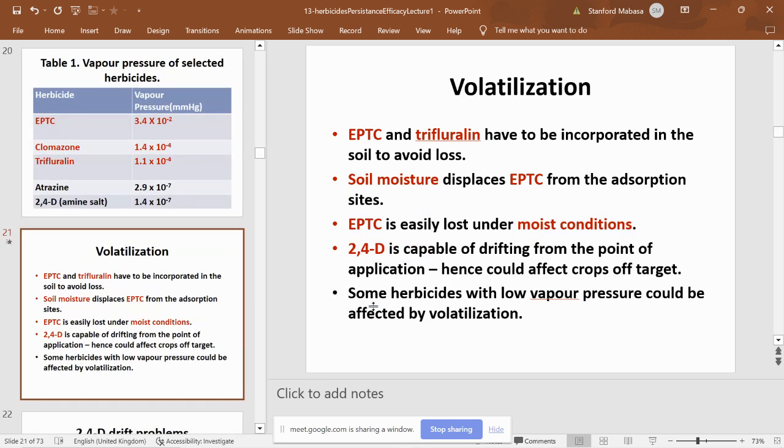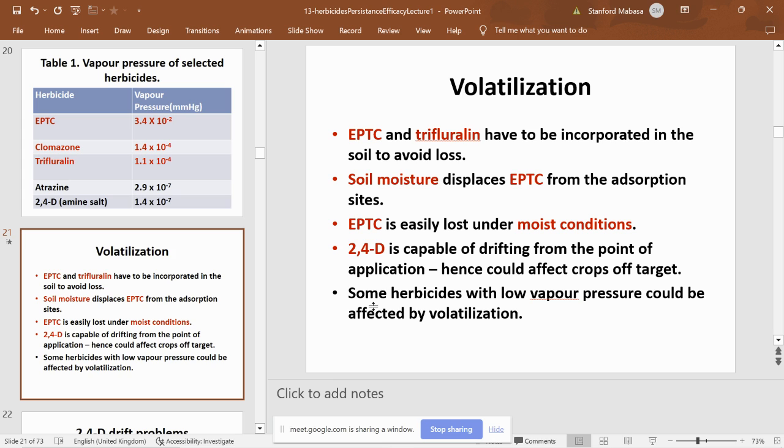Now, because of this issue, EPTC and trifluralin, if you spray them, it is recommended that they have to be incorporated in the soil. What we call pre-plant incorporation to avoid the loss via volatilization. You do it under dry conditions.